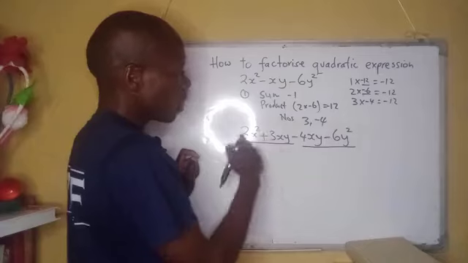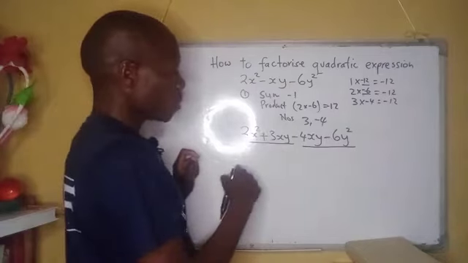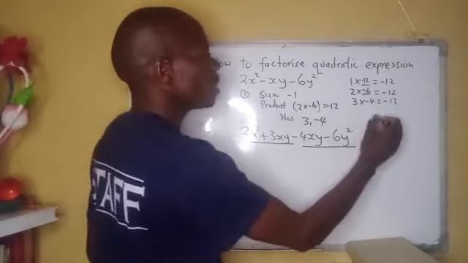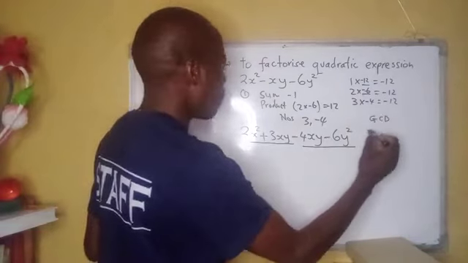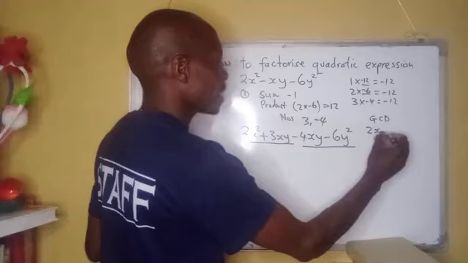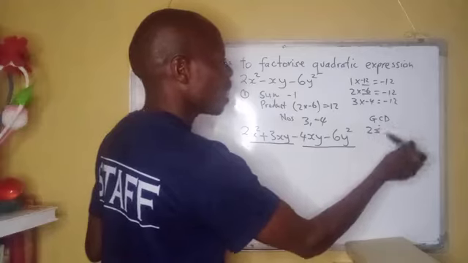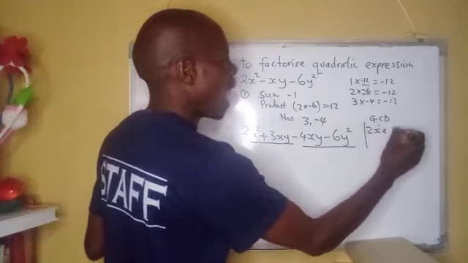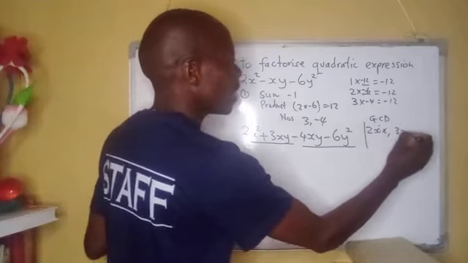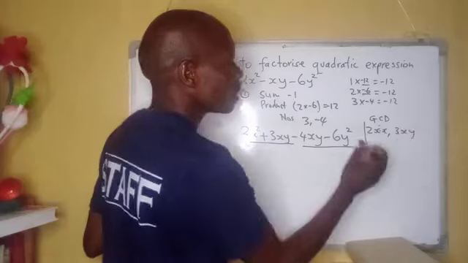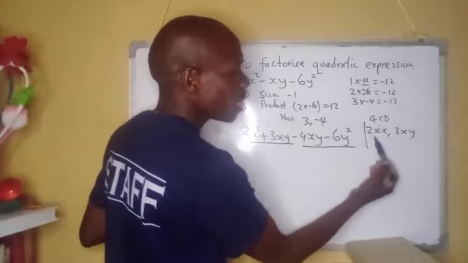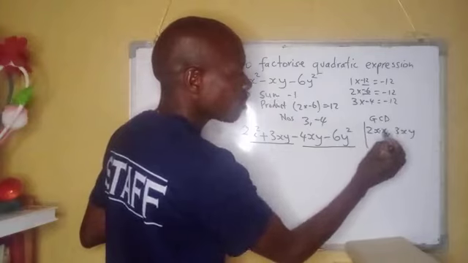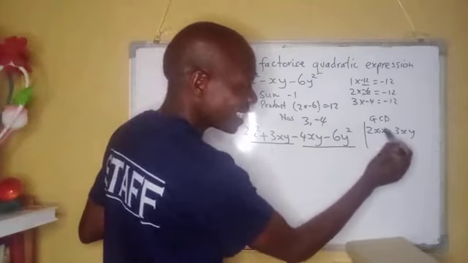This one, you look for the common term. How do you look for the common term? The common term is found by looking at the GCD. Find the GCD of 2x squared, which is the same as 2 times x times x, and 3xy. The common factor that can be seen here is x.